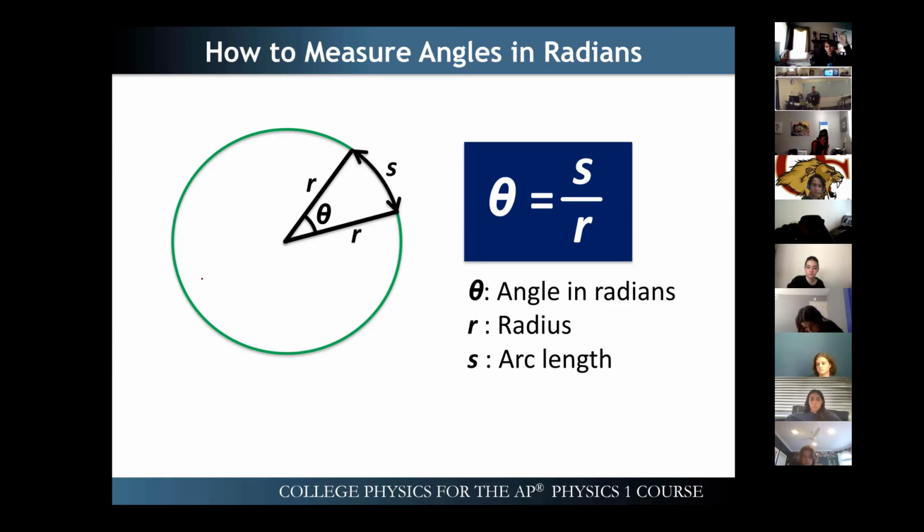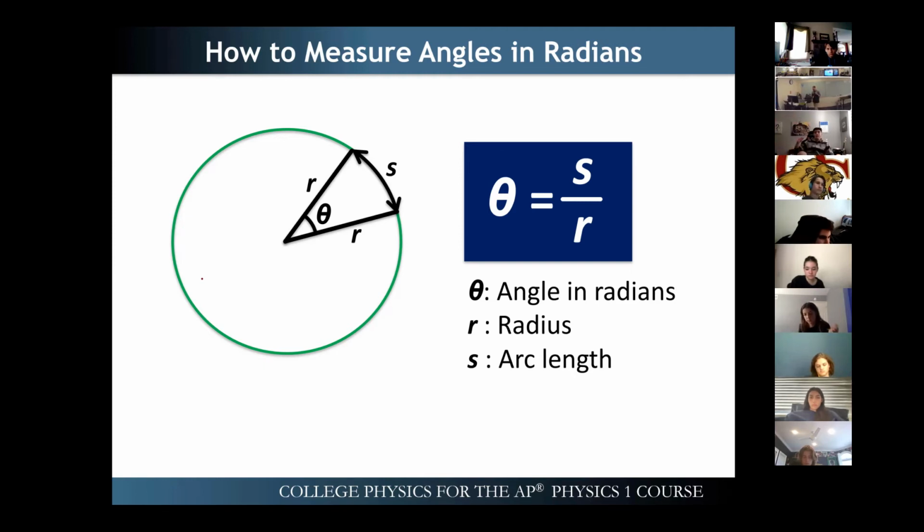To find radians, the angle, the theta in radians, we take the arc length that's covered as we rotate a certain angle. We take the arc length divided by the radius for that angle, and that tells us the angle in radians. So instead of being based on a random number, it's actually based on two things we can measure for a circle.